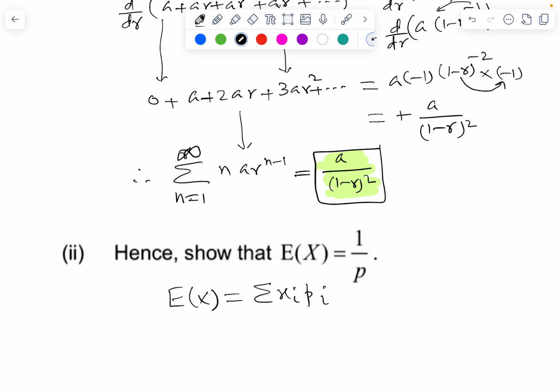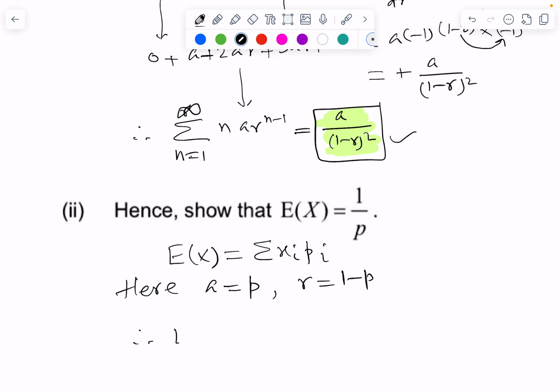We used it in the last part also, in part A and part B. Now here what we will do is take a equal to p, the success, and r equal to 1 minus p, the failure, and then write E of x from this one.